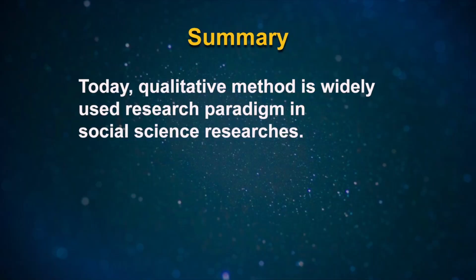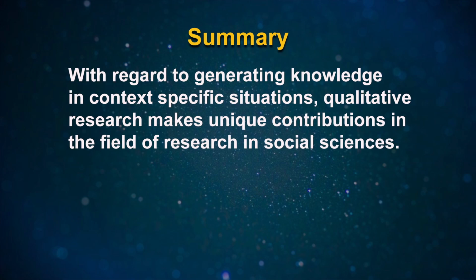Today, qualitative research method is a widely used research paradigm in social science research. With regard to generating knowledge in context-specific situations, qualitative research makes a unique contribution to the field of social science research. It uses the researcher's impressionistic views as the main source of knowledge.